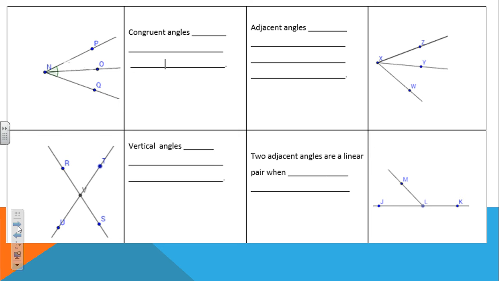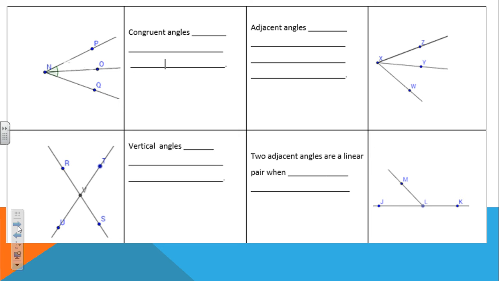Is Nathan adjacent to Jaden? No. So they have to share some common space, some common area. So when we think about adjacent angles, we want to think about two angles that have a common vertex and ray. Does that make sense? But that ray has to be between the two.